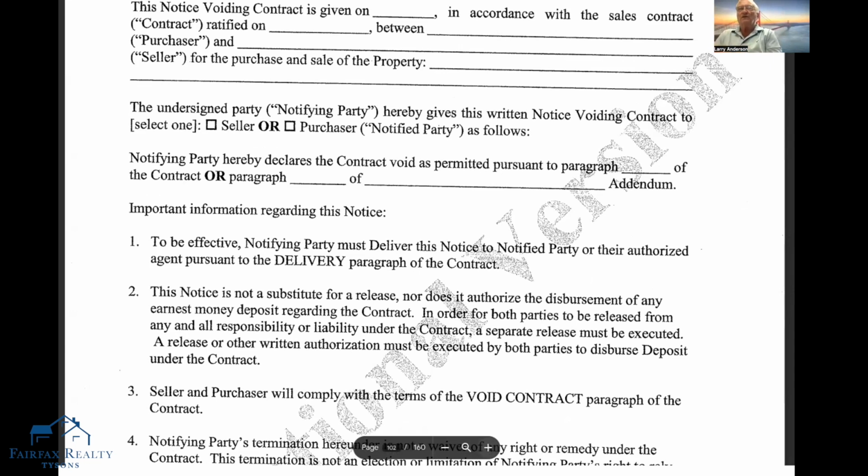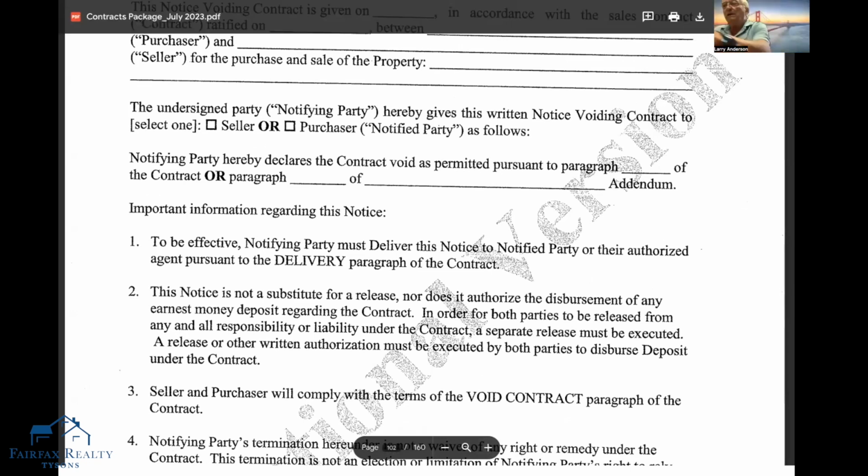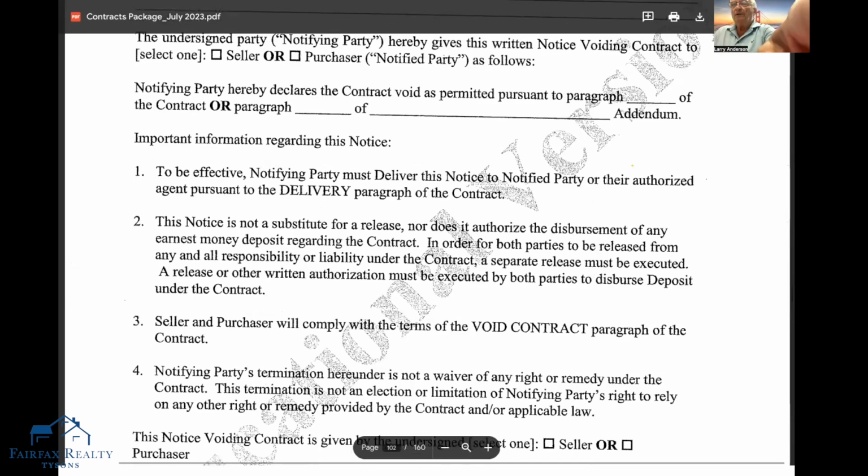So this would be because pursuant to paragraph 2A of the home inspection addendum form, and to be effective, the notifying party must deliver, and once again, that's capital D, paragraph 6 of our contract.